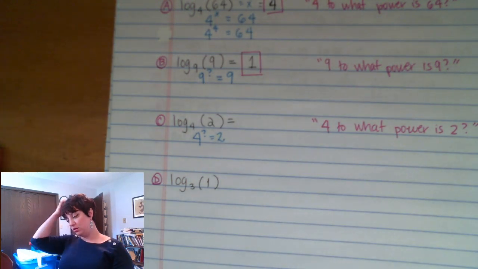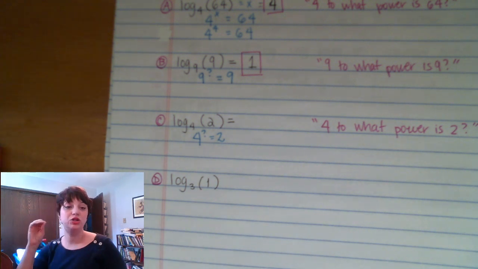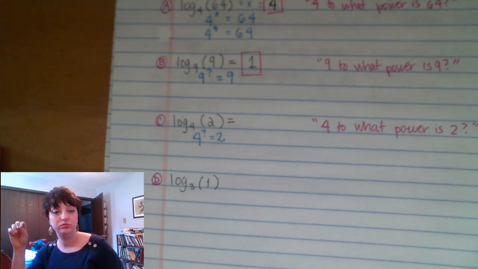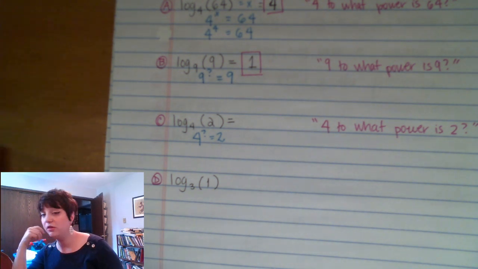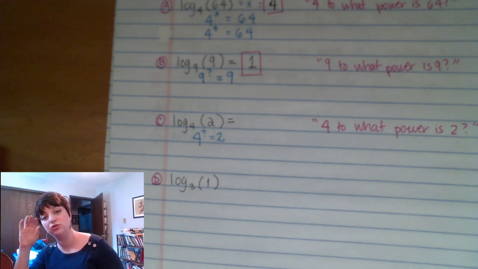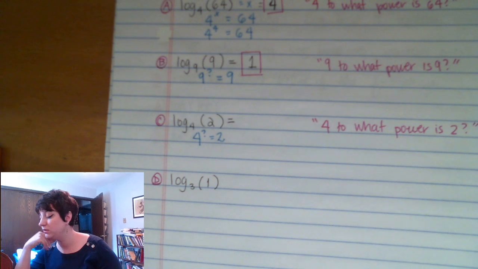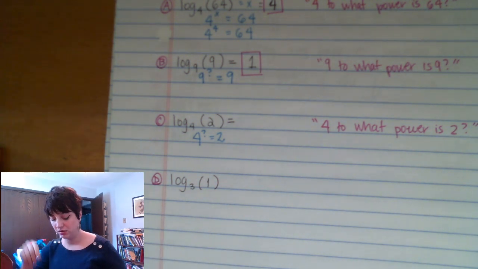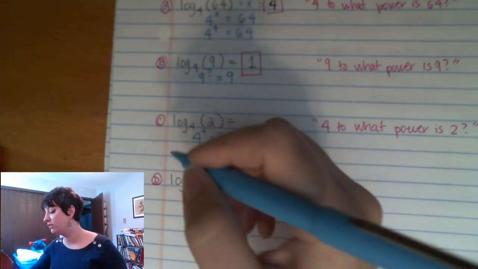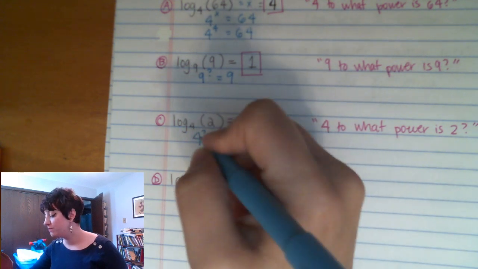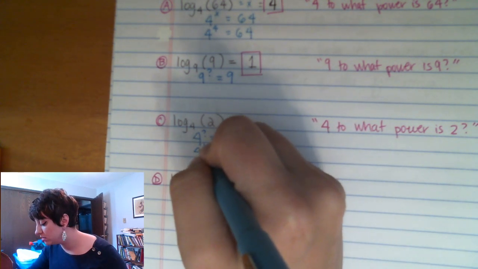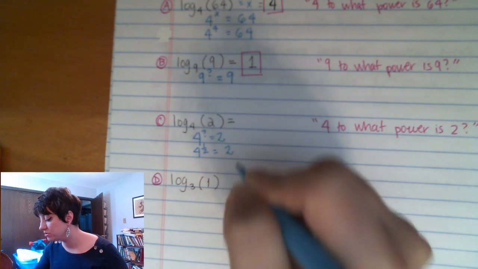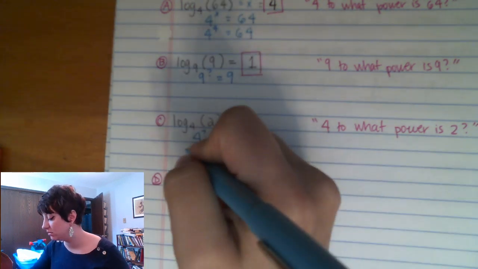Well, how would I turn a 4 into a 2? I could divide by 2. True, I can do that. I don't know how to write divide by 2 like as a power though. There's no way to rewrite that as a power. I can take a square root. So the square root of 4 is 2. And square roots are actually powers.